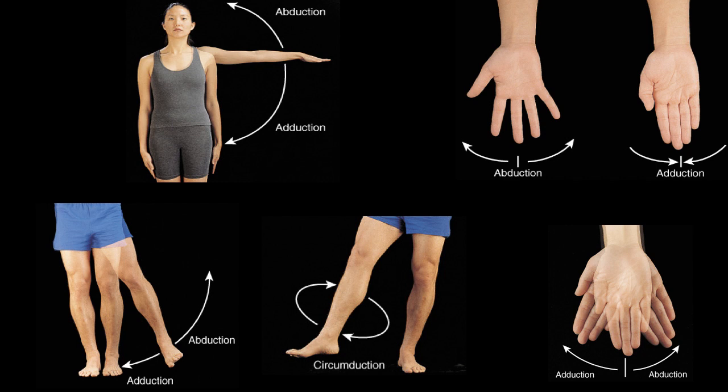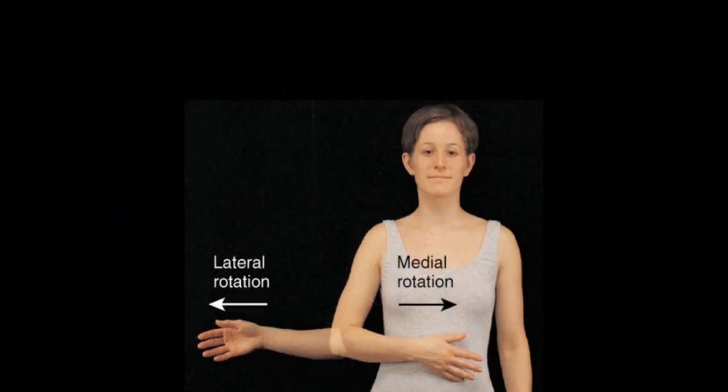On top you have the abduction of the fingers, adduction of the fingers, and in the bottom at the right you have abduction and adduction of the hand in relation with the body. When the anterior surface of a limb bone rotates towards the midline, that movement is named medial rotation. If the anterior surface rotates away from the midline, the movement is named external rotation.